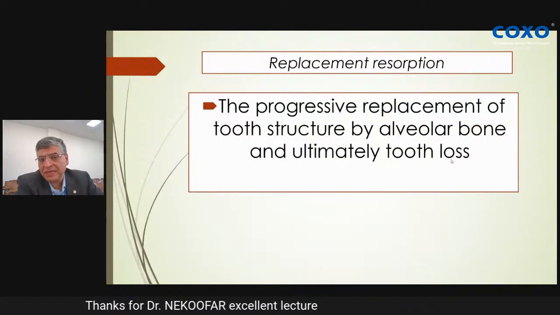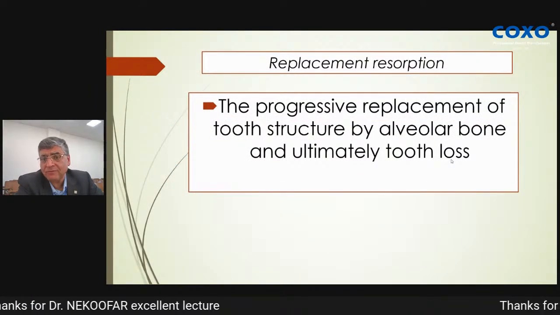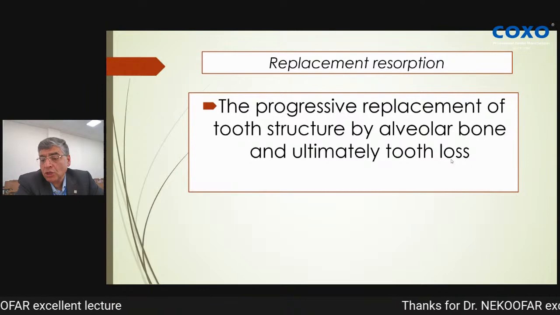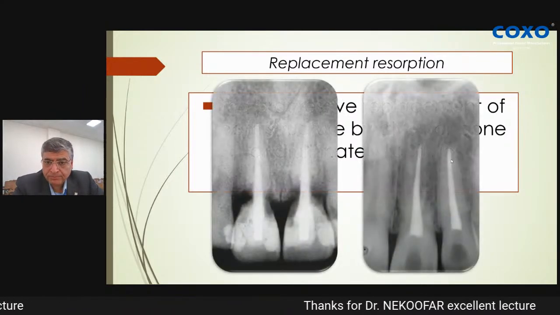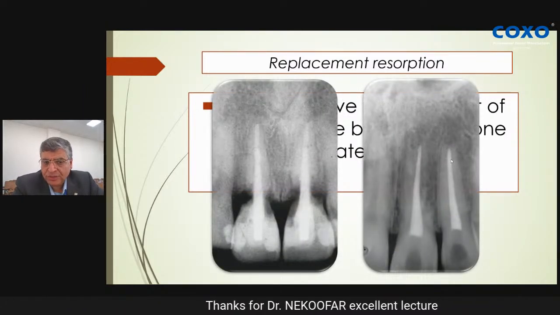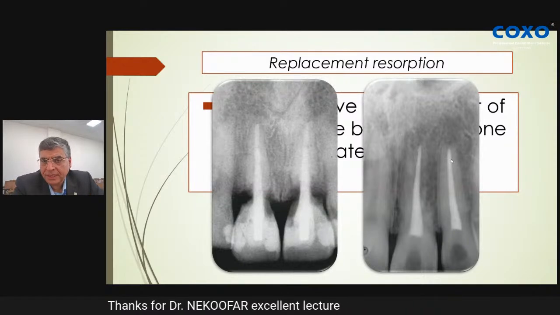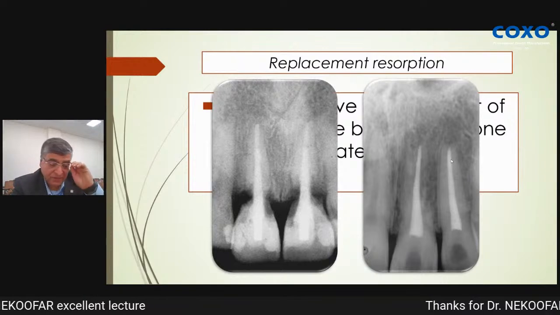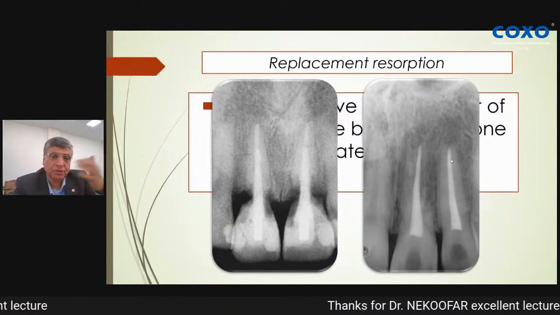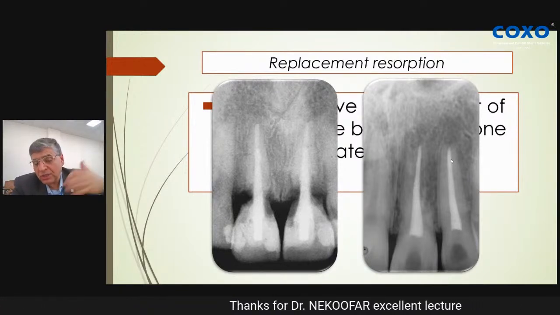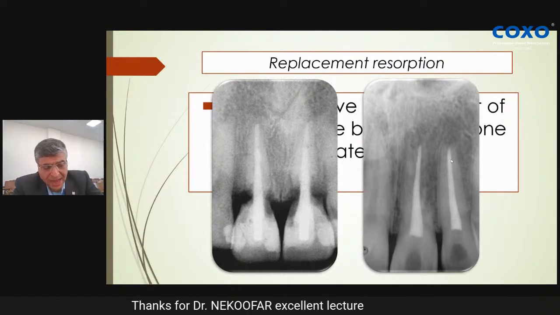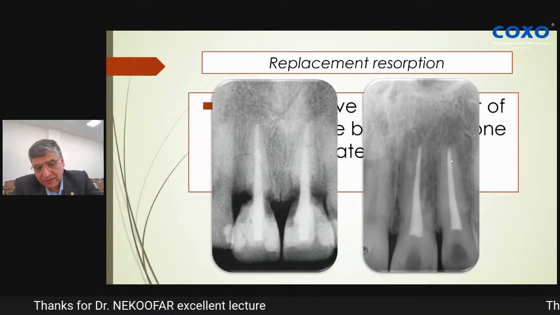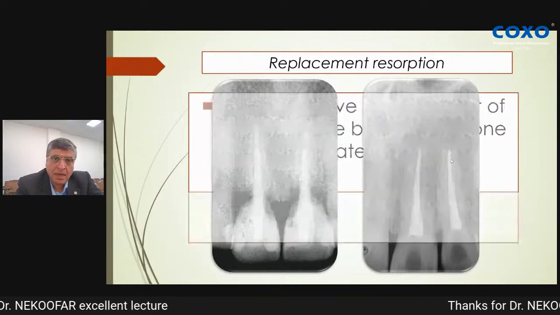The last one is replacement resorption. The progressive replacement of tooth structure by alveolar bone, and ultimately tooth loss, may happen like this. This is the result of orthodontic movement of this type of tooth. It may happen when we have a history of trauma, a history of avulsion, and others. Most of the time, when we have trauma and then orthodontic treatment on this tooth, something like that may happen.